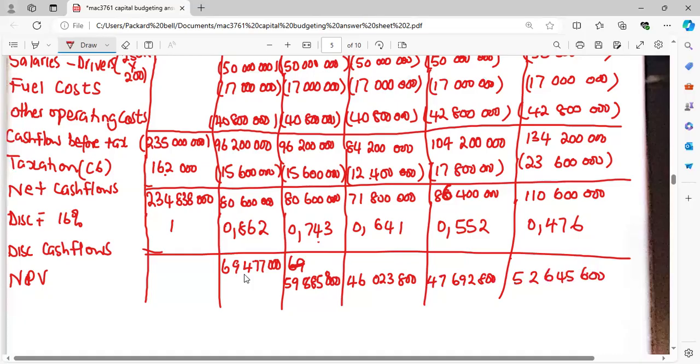Right? What do we do now? I want us to add this. So the next thing for us to get the net present value without using the financial calculator is to add this and minus this one.